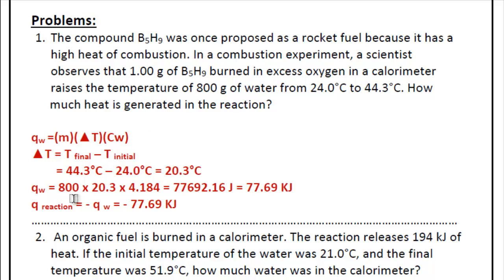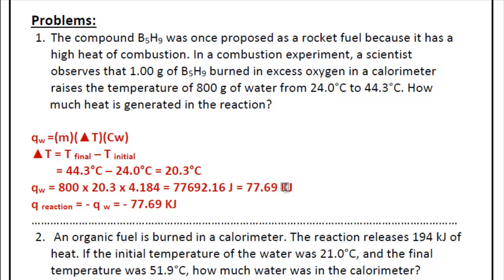So how many grams of water do we have here? 800 grams, and we should use the mass of water in grams in this equation. So 800 times the difference of temperature, 20.3, times the specific heat of water, 4.184, so it will be 77,692.1 joules, and we will divide it by 1000 to be in kilojoules, so this will be 77.69 kilojoules.